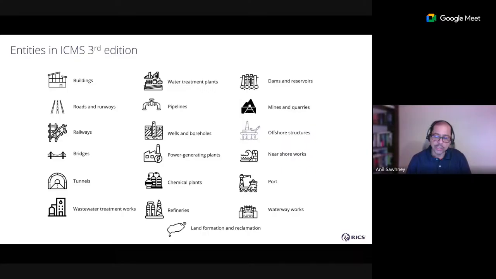And you can see from this list, ports, waterways, and so on. Whenever possible, we are adding more project asset types or entity types. Right now, work is going on transmission projects, so those will also be added. So you can see WLCA and ICMS together work not only for buildings, but also for infrastructure assets, which is really the crux and the core of this Gyan workshop.